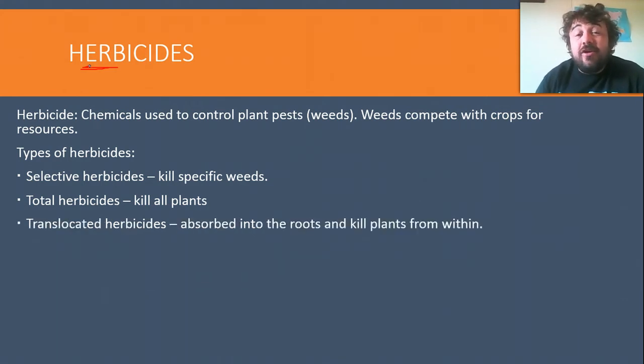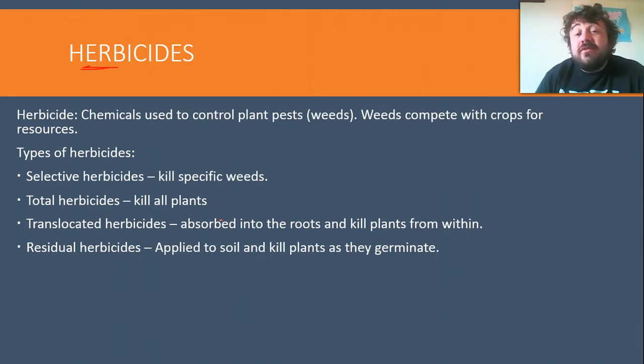You've got translocated herbicides, and this means it's absorbed into the roots to kill plants from within. Usually you spray them on the leaves or on the soil, but these ones go into the roots and make their way into the plants, much more like a drug would in an animal. You've got residual herbicides. We apply these to the soil, and they don't do anything straight away, but as the plants germinate, they kill off the plant then. That's just a more susceptible time.